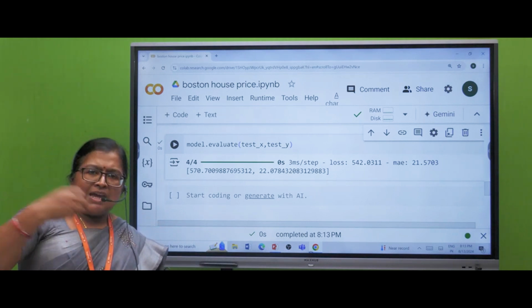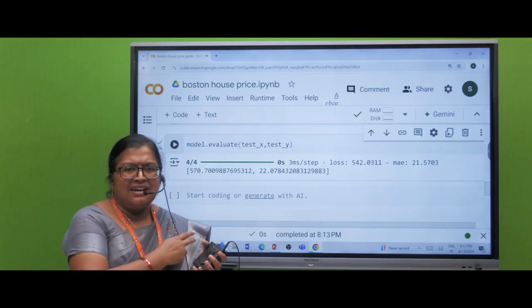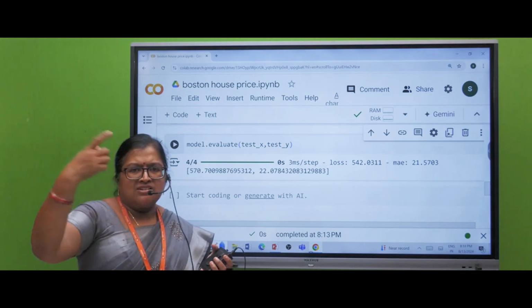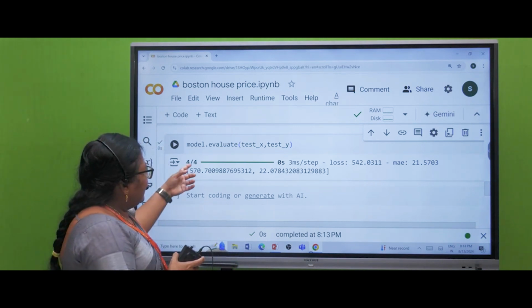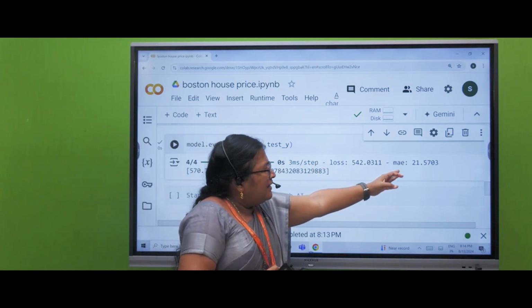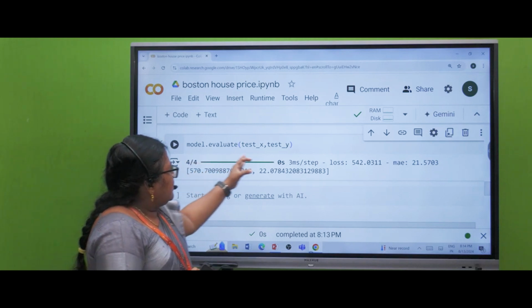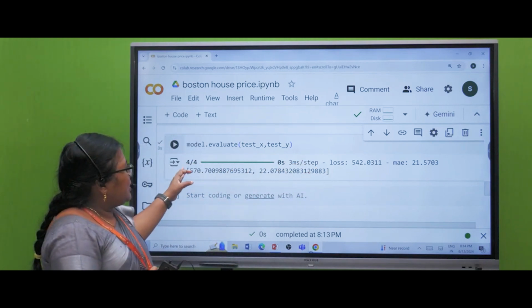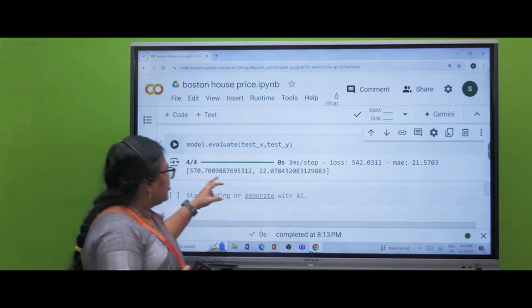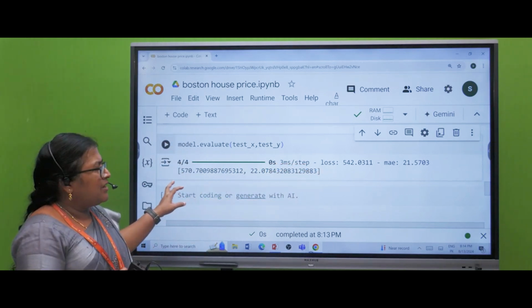In those 4 iterations, the average value of loss is 542 and the average value of MAE is 21. So this is the final average value of loss and MAE that we are getting.